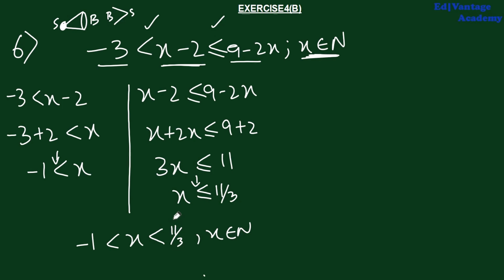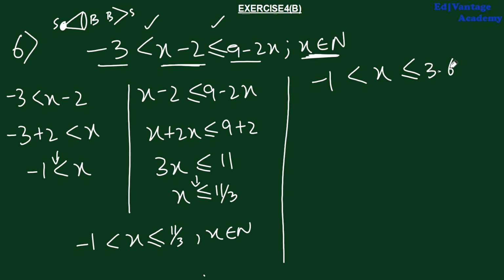Now how will I identify natural numbers? It's 11 by 3. Let us write it in decimals. 11 by 3 comes 3.6666 and continues, so we can write 3.67. So see, x is greater than minus 1 but less than 3.67, and x belongs to natural numbers, means you have to tell the natural numbers between minus 1 and 3.67.